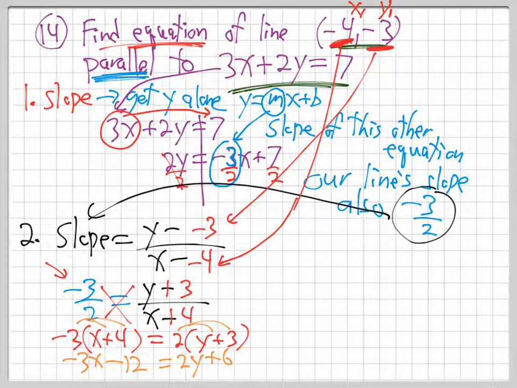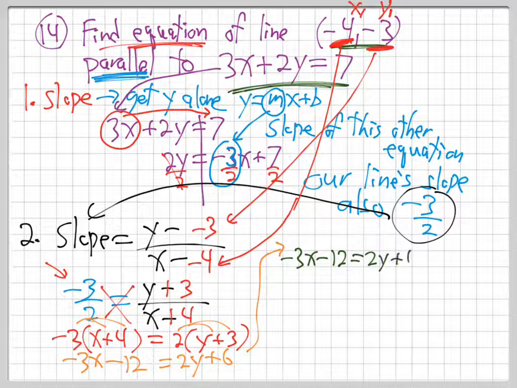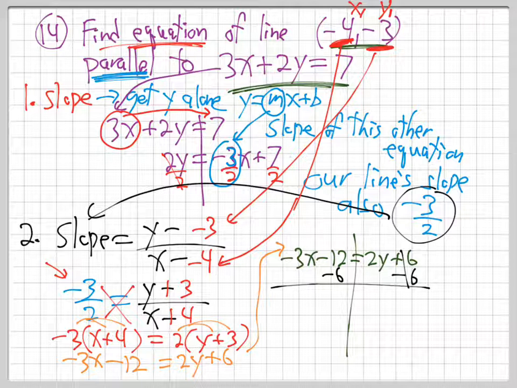Minus 3x minus, so yeah, no, false alarm. Anyway, let's just keep going. Okay, now y is saying I want to be alone. So what do we do to get y alone? Minus the 6. It's just normal. Get y alone. Minus 18.